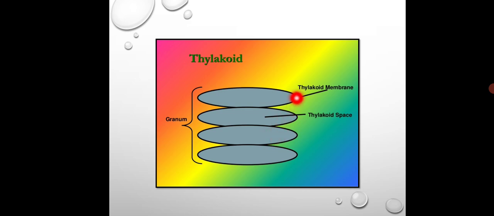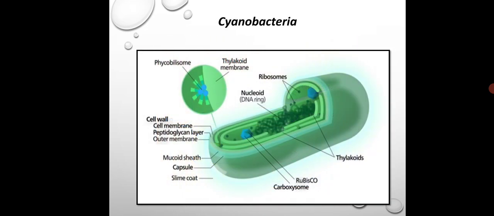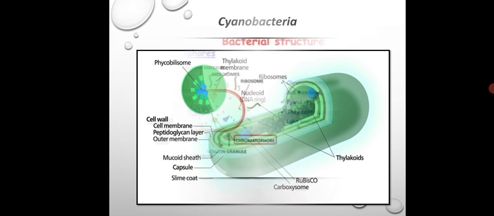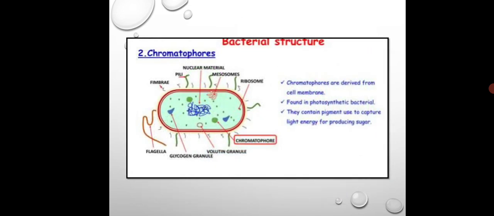Getting my point? These photosystems located at the thylakoid membrane are the reaction centers. So this is about the location of photosynthesis in eukaryotes.